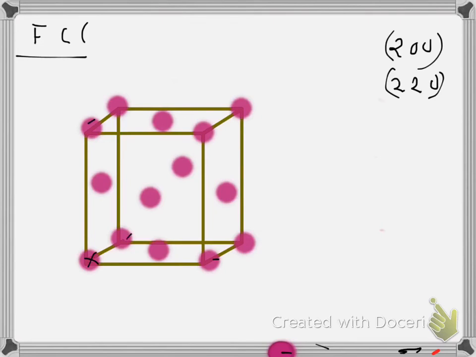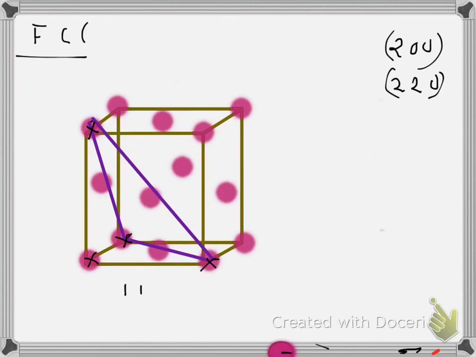Now you are drawing a plane like this, this one. We have drawn it once for simple cubic also. Intercept at unit distance in the x axis, intercept at unit distance in the y axis, intercept at unit distance in the z axis also.